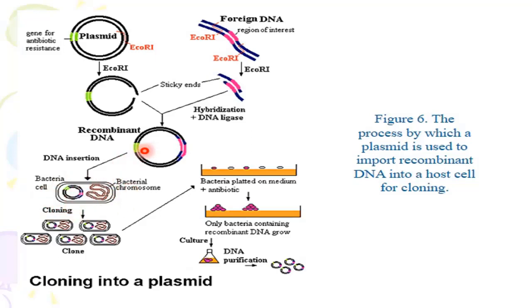After transformation of a recombinant plasmid, which contains the DNA wanted to be reproduced, into the bacteria, the bacteria are exposed to the third factor in this process.